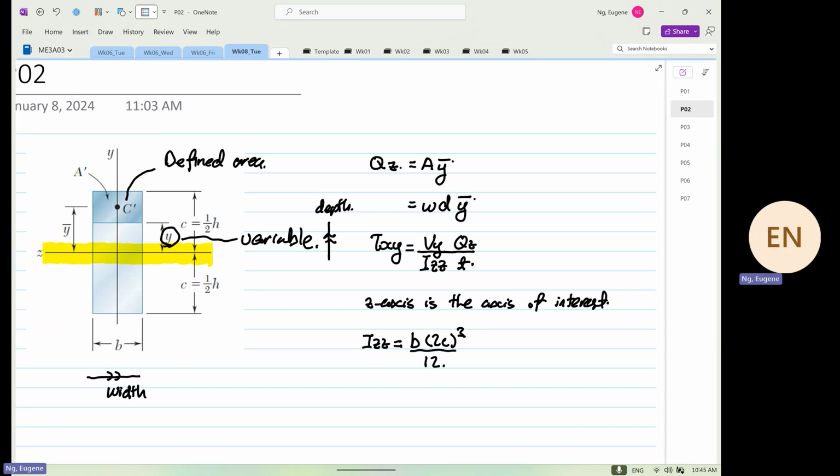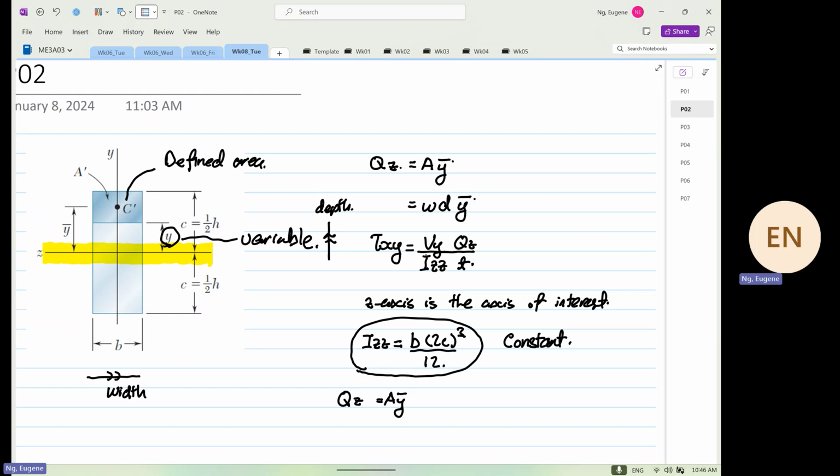Now, coming back to our first moment of area, we want to look at Qz is equal to A Y bar. Before we do anything, I'd like to highlight to you that Izz is a constant. I repeat again, Izz is a constant.